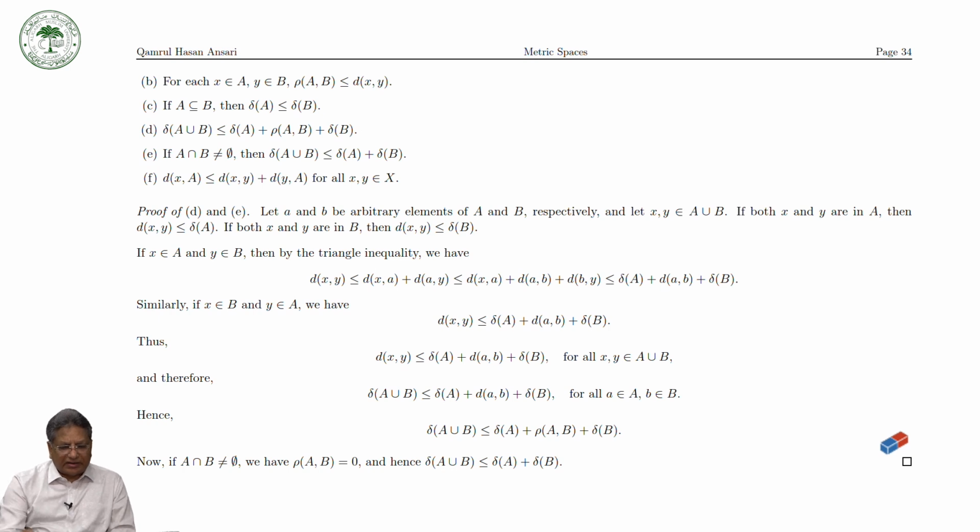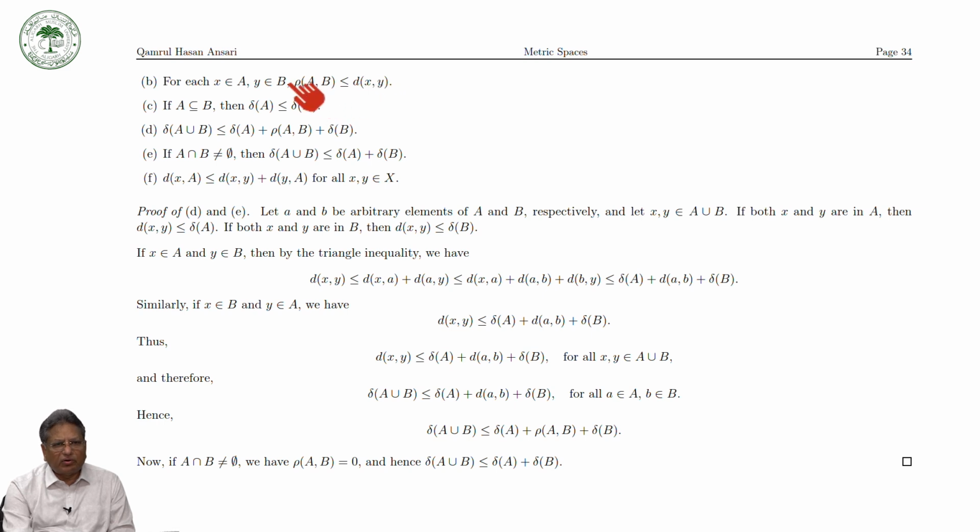The second property is that if x is in A and y is in B, then the distance between the sets A and B is always less than or equal to the distance between x and y.